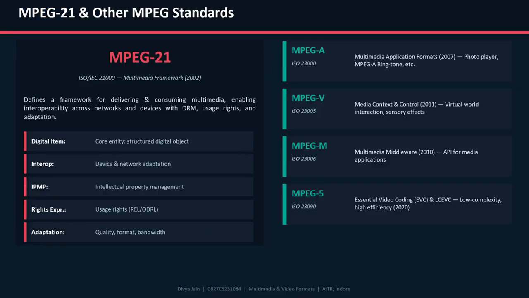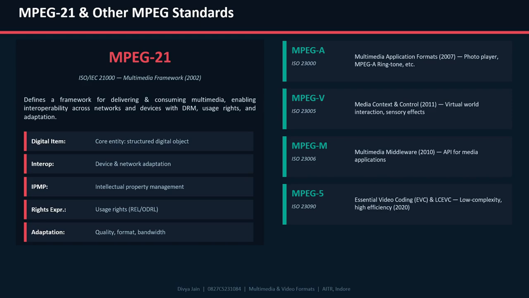MPEG-21 and other standards. MPEG-21, published in 2002, is a multimedia framework for delivering and consuming media across networks and devices. Its core concept is the digital item, a structured digital object with associated rights and metadata. It handles device adaptation, IP management, and usage rights.